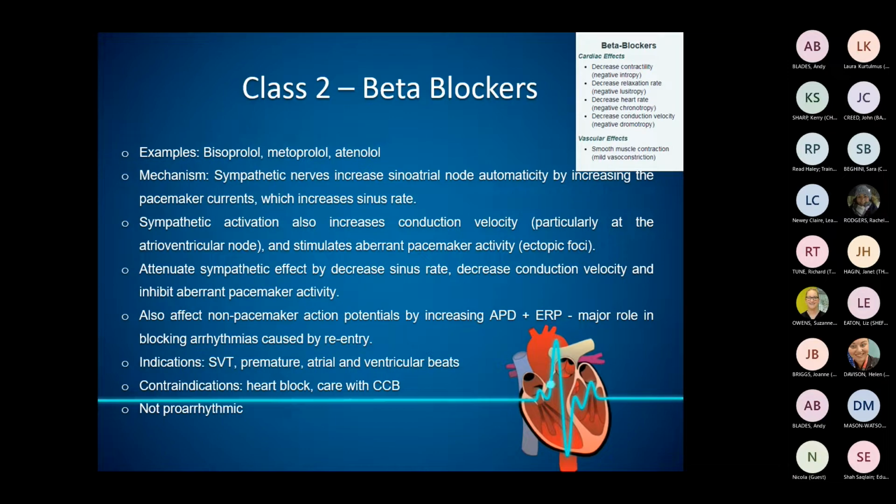There's enough time because of beta blocking effects for those distal regions to be supplied with oxygenated blood. Beta blockers tend to be our go-to therapy in terms of rate control.